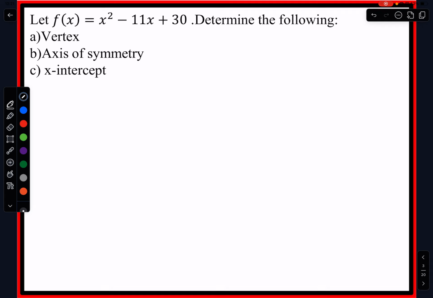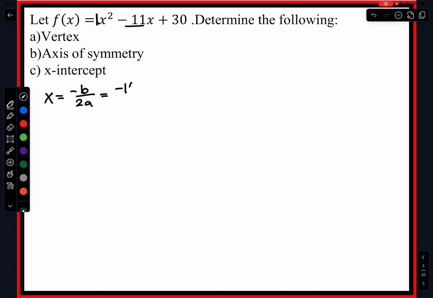Well, to find the x-coordinate of the vertex, we have to identify the horizontal shift from the origin. And to do that, we use the following formula. x equals negative b divided by 2 times the value of a, where a and b come from the coefficients of the quadratic function. a is 1 and the b value is negative 11.